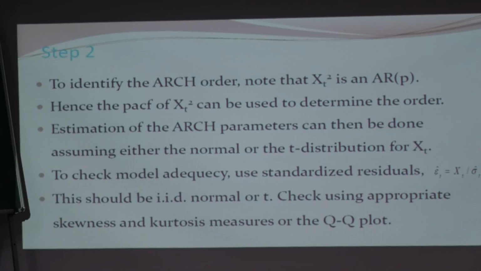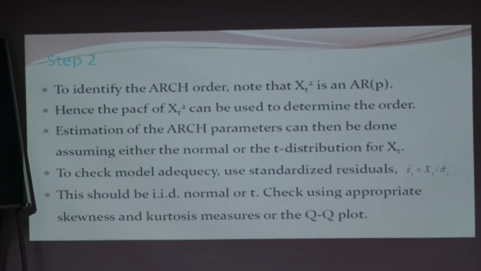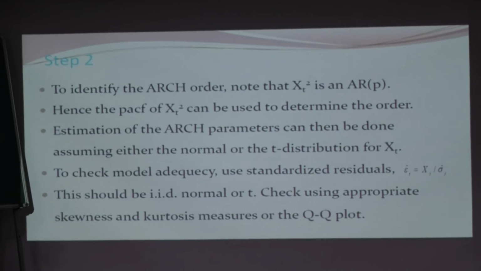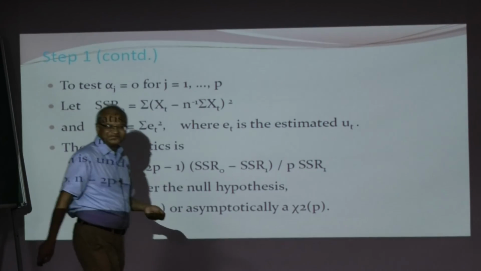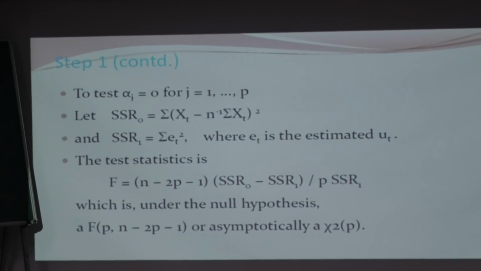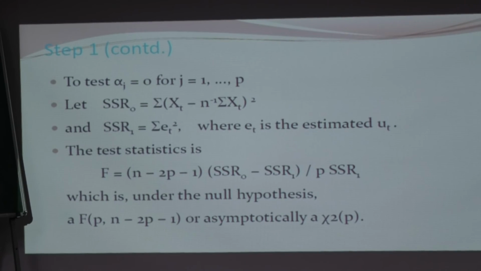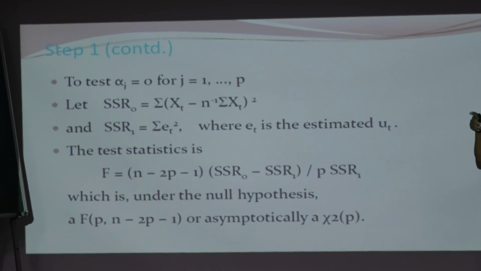So step 2 would be to identify the ARCH order. How do you identify the ARCH order? What is the ARCH model? Sigma t, it's an AR model, except that instead of xt, you have xt squares.